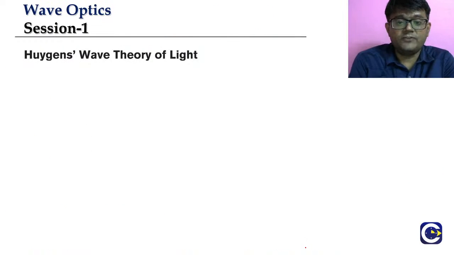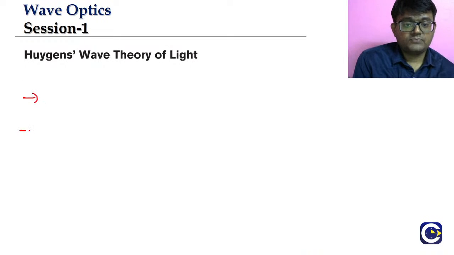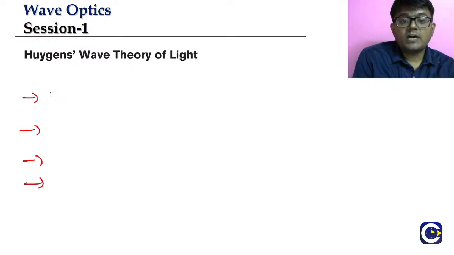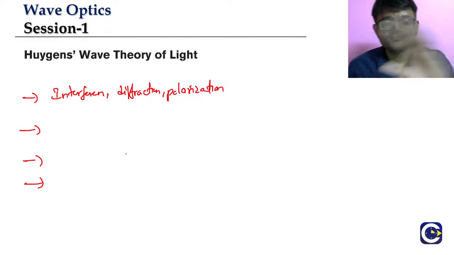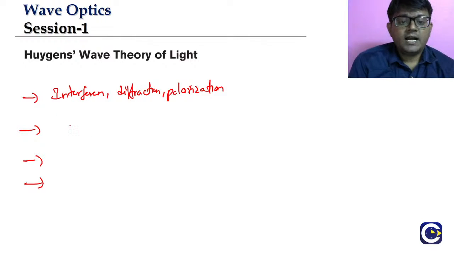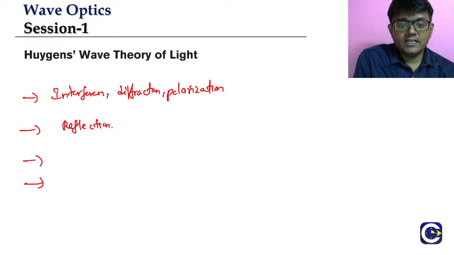And broadly, if you look at what are the achievements of Huygens's theory, it was able to, of course, explain interference, diffraction, and polarization, all the wave phenomena, and it was also able to explain reflection and refraction.